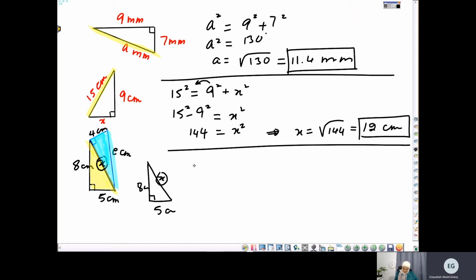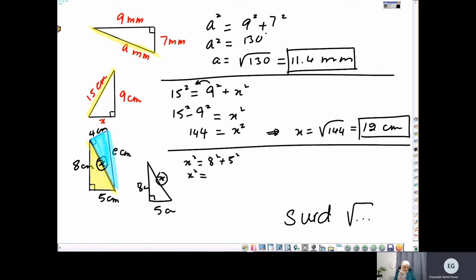Now, how to find X? You just say X squared equals 8 squared plus 5 squared. I want to teach you something today. You'll write it as a third. Third means square root of something. Keep it under the root because thirds are exact. No need to find the square root of this number.